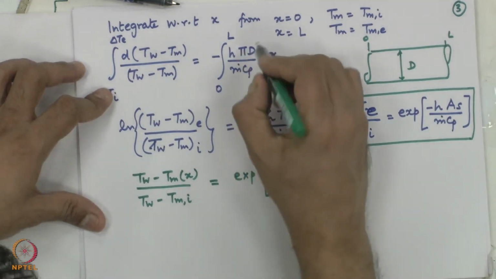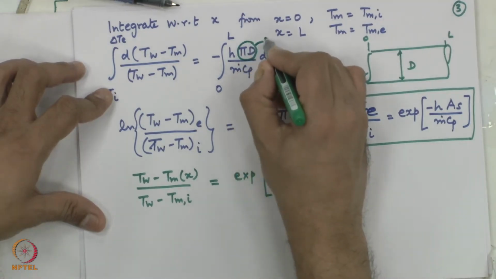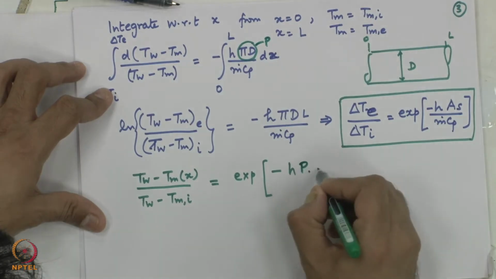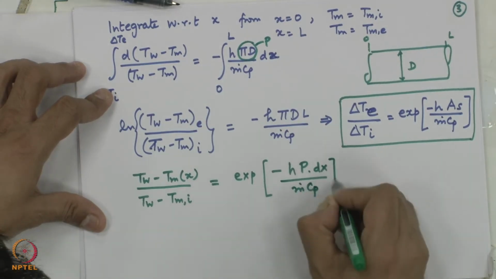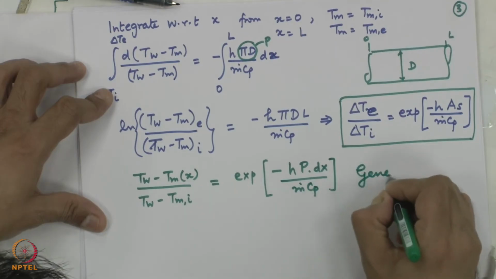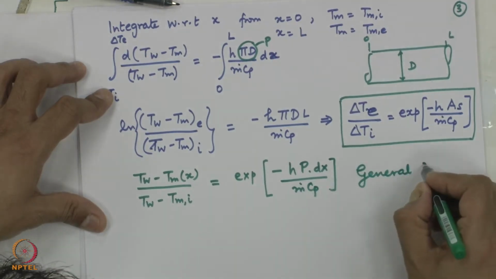H into pi d is the same as the perimeter, so I can just write it as h times perimeter times dx divided by m dot Cp. This is a general form of the same equation.